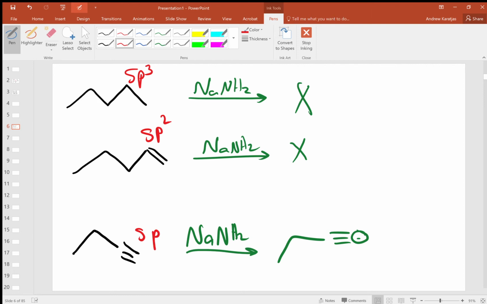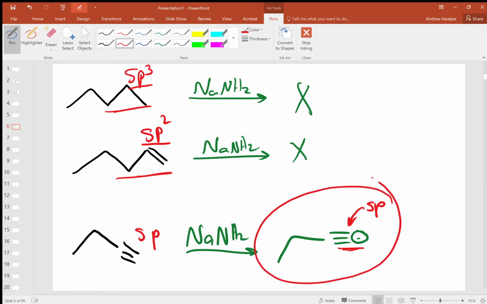With an sp carbon, we know that the electrons in an sp orbital are more tightly held to the nucleus than those in sp2 or in sp3. That helps to stabilize those extra electrons. And so what it means is that an anion formed from an alkyne is more stable than one formed from an alkene or an alkane.